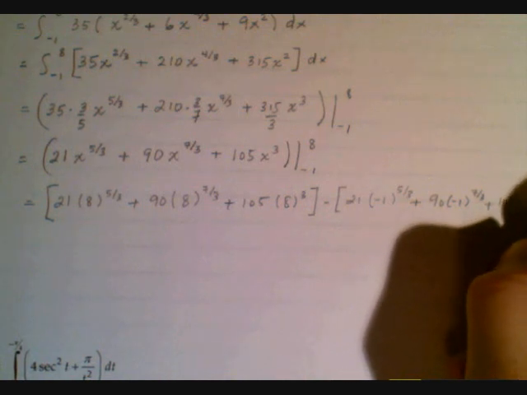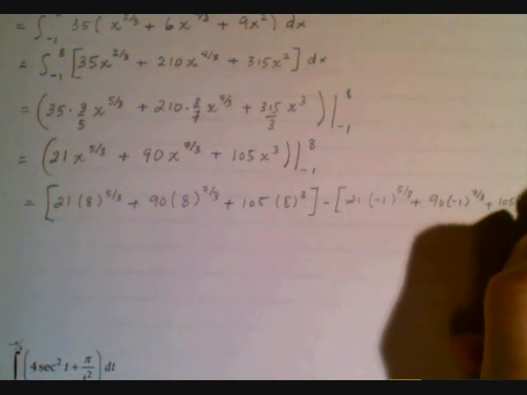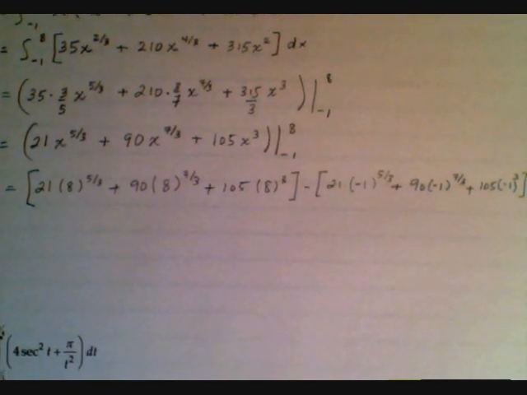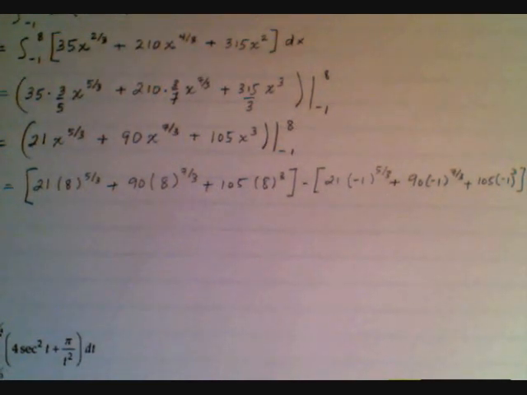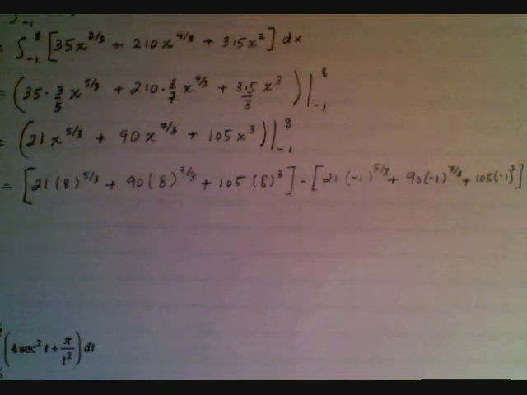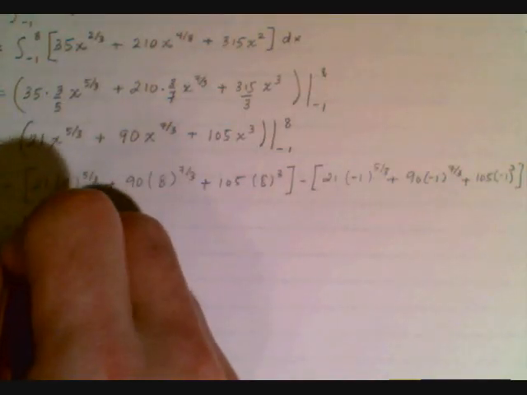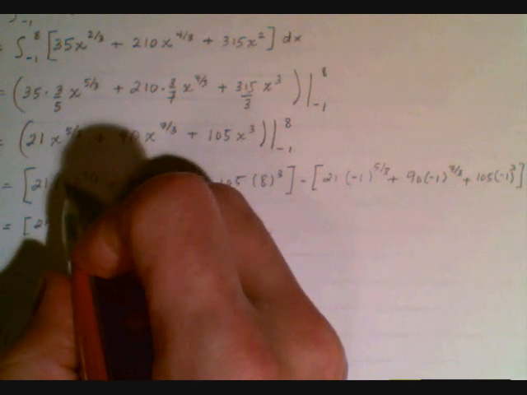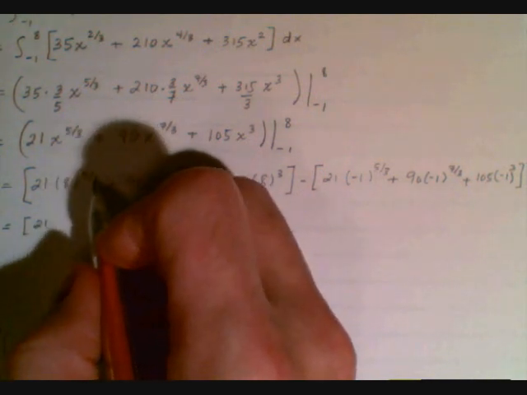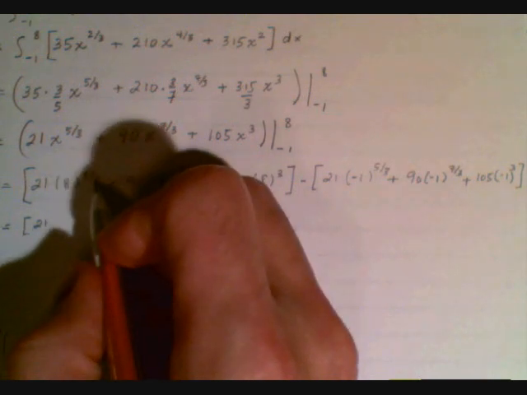I'm about to go off the page. Hopefully you can see. Yep, it looks like it's all in view. Now I want to start simplifying. Let's see. Well, when I raise 8 to the 5/3 power, first I'm going to take the cube root of 8, which is 2, and then 2 to the 5th is 32.